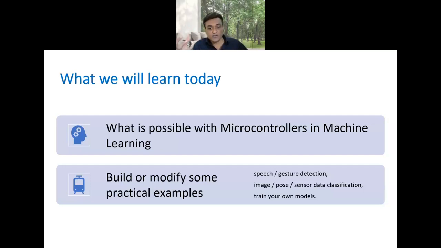There are cameras available for microcontrollers. There are microphones available for microcontrollers. And the best one is the Arduino Nano 33 BLE, which helps us a lot to provide all sorts of applications which we can do on a computer. We can transform them directly into tiny machine learning based applications.